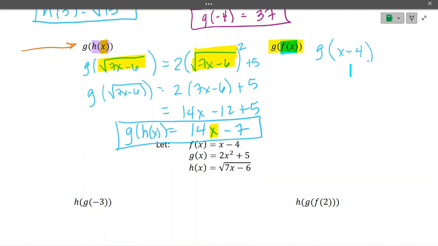So I'm just doing a straight out substitution. You can see that I replaced f of x with x minus 4 in both of these. My next step then is to find g of x minus 4. So I'm going to pull my g of x minus 4, and everywhere I see x, I'm plugging in x minus 4. That should have been a 2.